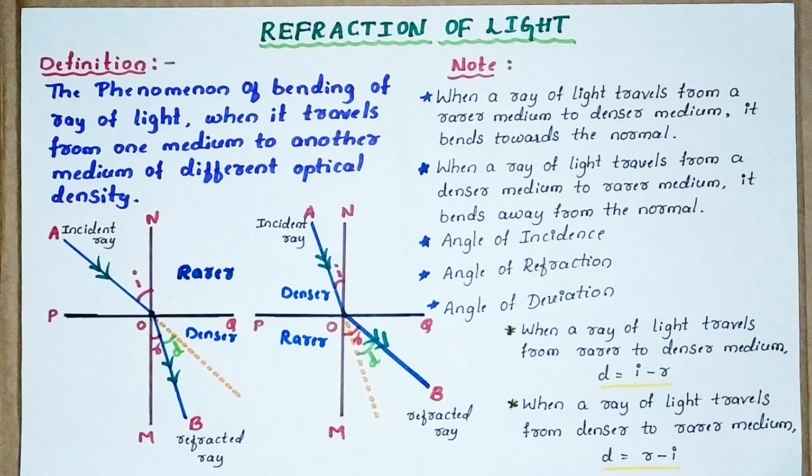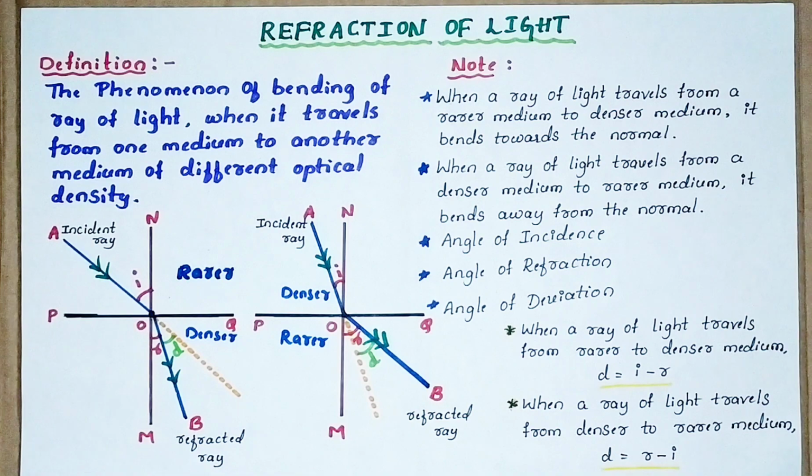So what is the cause of refraction of light? Why does refraction of light take place? Remember, refraction is transmission. During transmission of light from one medium to another medium, bending of light takes place. We already know that light has rectilinear propagation.